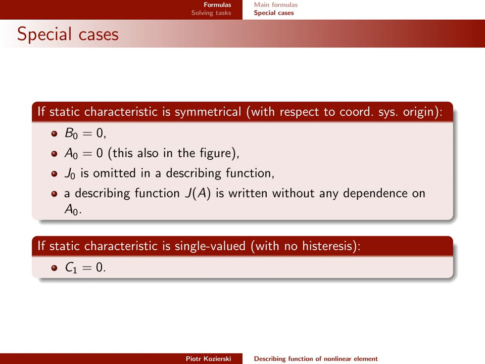But symmetry, which we mean here, is with respect to a point, and specifically with respect to the origin of the coordinate system. The second special case occurs if the static characteristic is single-valued, that is, if there is no hysteresis. In this situation, there is no need to calculate the c1 component, because it is 0.